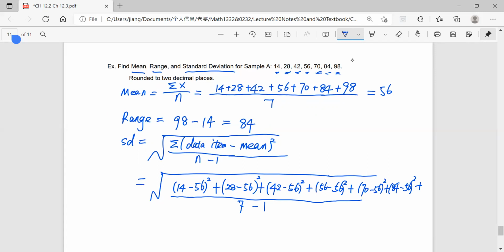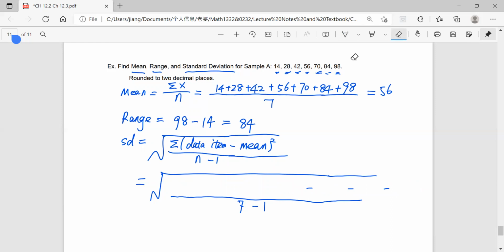I have no space, so I want to make it smaller and put it in one line so you will see it clearly.